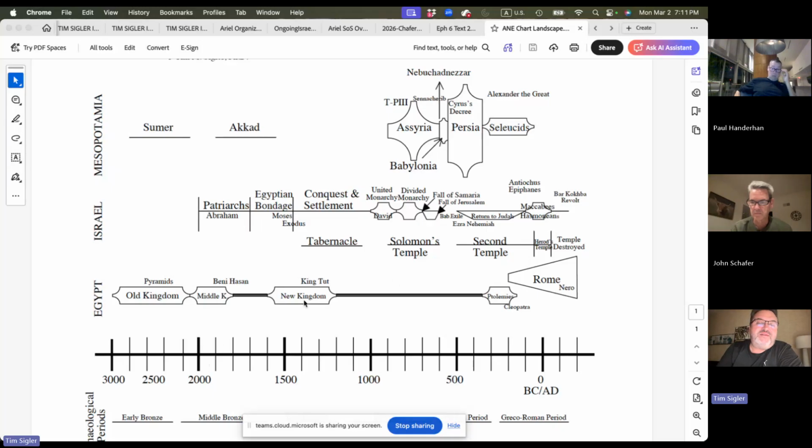And by the way, Zerubbabel, what does his name mean? Builder of the temple. Well, that's maybe what he should be famous for, but Zerah means seed, as in the Abrahamic covenant, land, seed, and blessing.